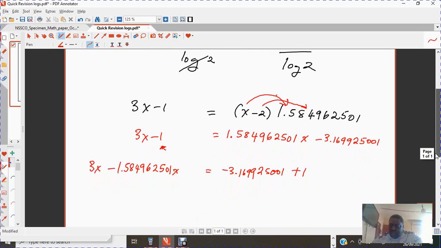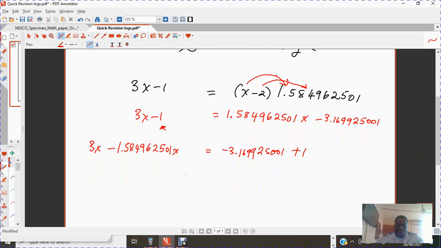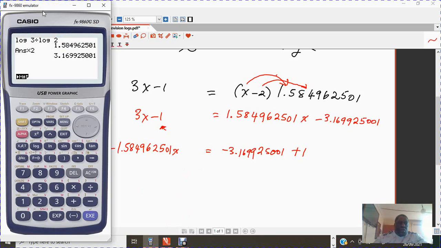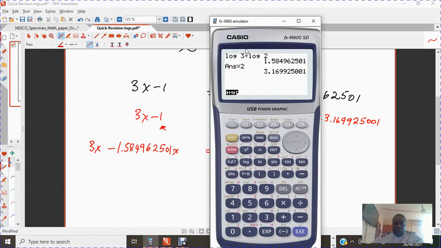From here, it's just a matter of using a calculator again. On the side of the x, because you're subtracting unlike terms, it's 3 minus 1.584962501.